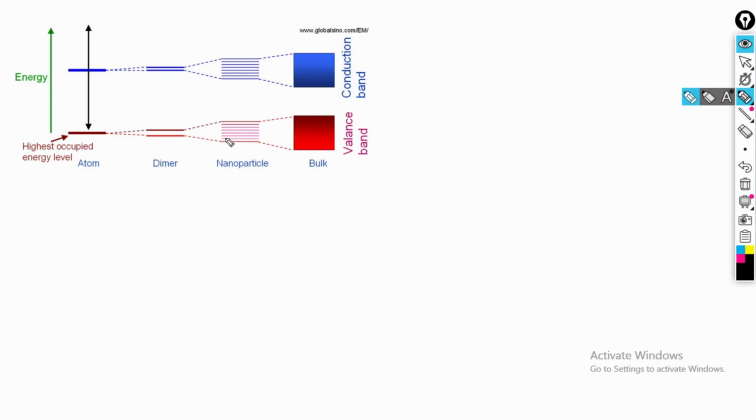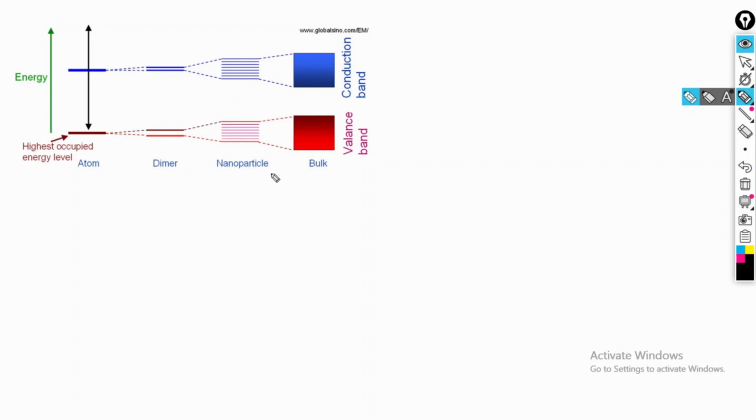If we combine more atoms, about 8 atoms as a nanoparticle, then this energy state will be split into these 8 energy states, and similarly this other energy state will be split into these 8 energy states.